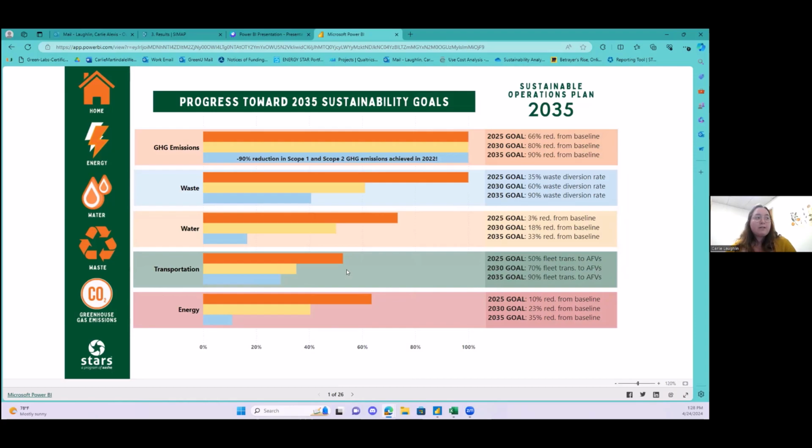So we can turn over vehicles to alternative fuels or to electricity as they die and need to be replaced, but we're likely not going to replace vehicles before the end of their lifespan just to get our money's worth out of them. But for the most part, we're relatively on track to reach these goals.